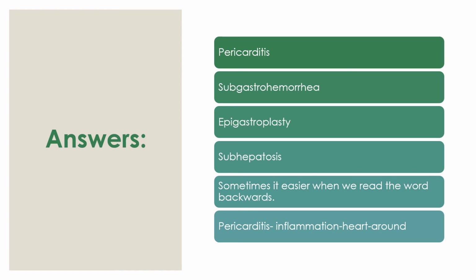It can be hemato or hemo. Either one is correcto. And I'll explain that later. Epigastroplasty. And the last one, pericarditis, a very real infection, can be very dangerous. See, associated with infection, even though it's inflammation.